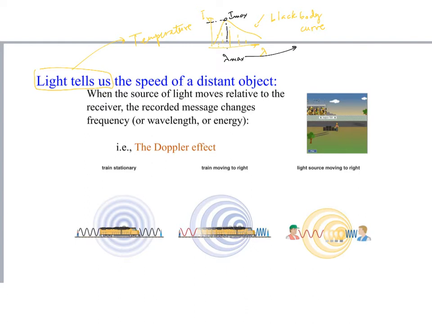That is the wavelength corresponding to the maximum intensity, and that gives you, from Wien's law, the temperature of that body. All right, so that was one thing. The other thing was, via spectra, emission and absorption lines, you get the composition.